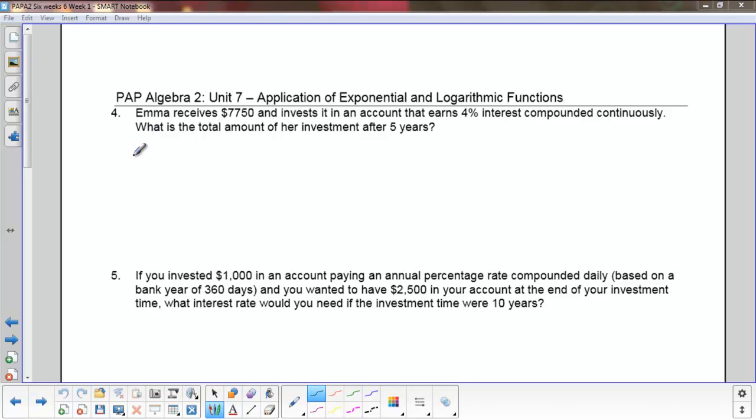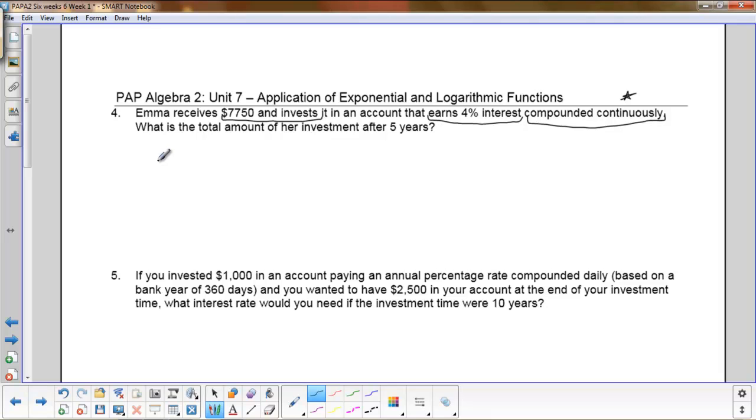So continuing on, Emma receives $7,750, invests it at 4% interest, and here's our key: compounded continuously, back to P-E-R-T, PERT.